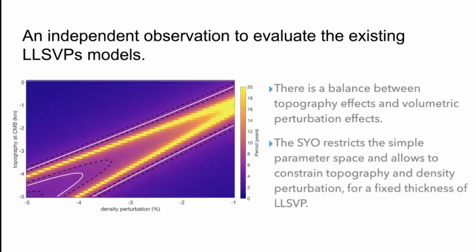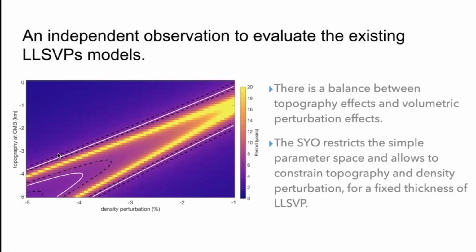So now we are ready to tackle the next part, which is we want to test different models for fixed layers of fixed thickness of LSVPs. We want to compute the theoretical periods associated with it. So in this figure, I show the period as a function of the density perturbation and the topography at the core mantle boundary.